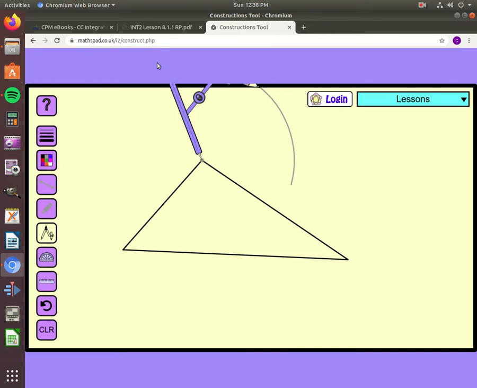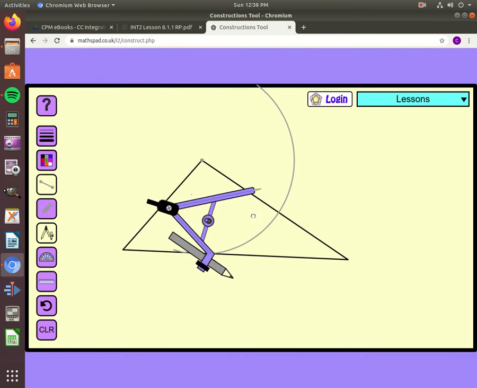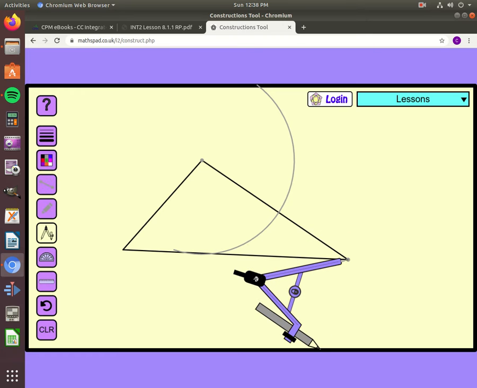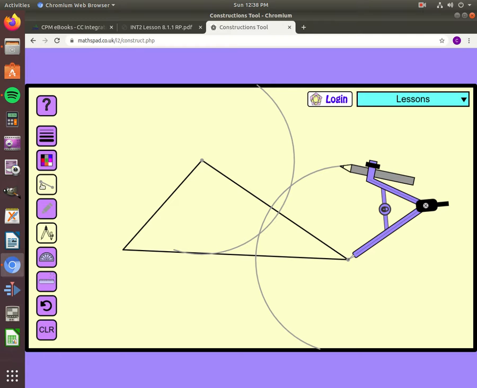Oh, you can see I barely made that long enough. Not very good on my part. So long story short, there's my perpendicular bisector of this side. So I'm going to go back to black now, and I'm going to take this and move this across. So there we go. That is one of my medians.